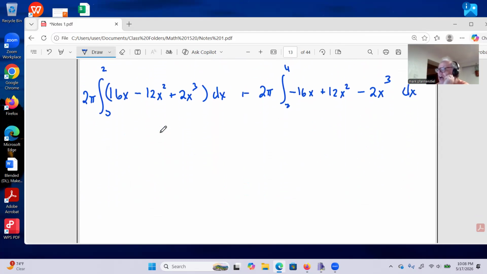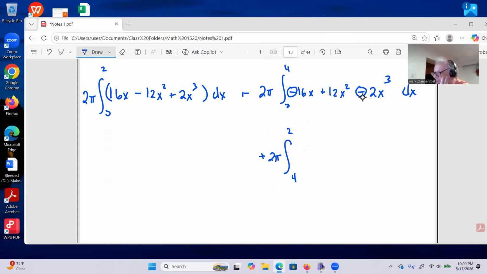Okay, I'm going to do one more thing. I've noticed a lot of these are negatives, so I'm going to factor out this negative. I'm going to say minus 2 pi here. And when I take out the negative sign, instead of keeping it here, I'm going to take the negative sign inside and swap the order of integration.